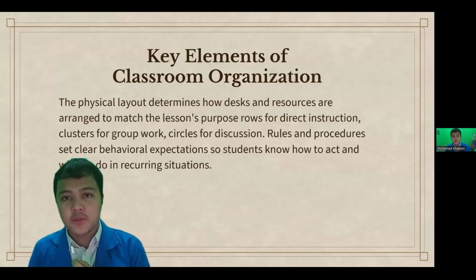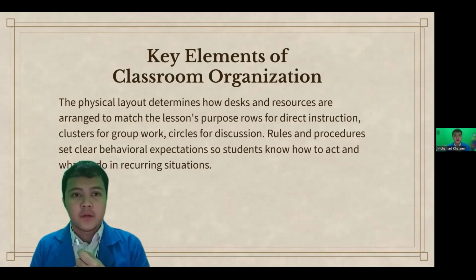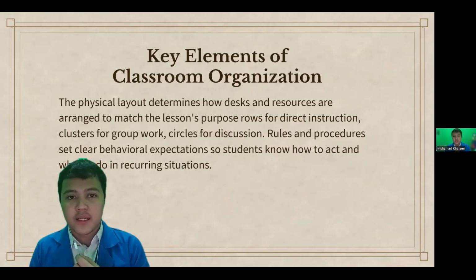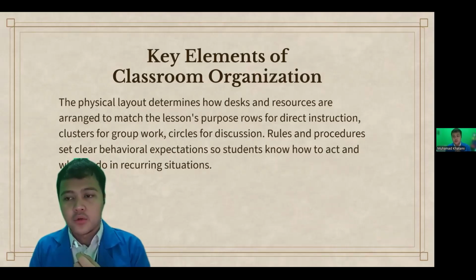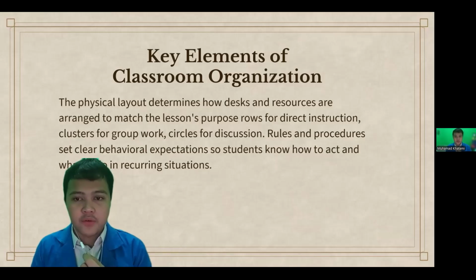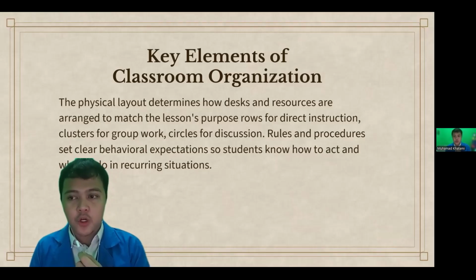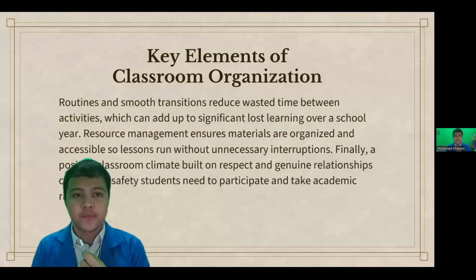So, the key elements of classroom organization. The physical layout determines how desks and resources are arranged to match the lesson's purpose: rows for direct instruction, clusters for group work, circles for discussion. Rules and procedures set clear behavioral expectations so students know how to act and what to do in recurring situations.